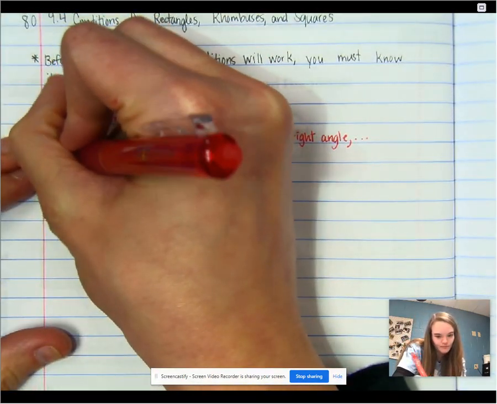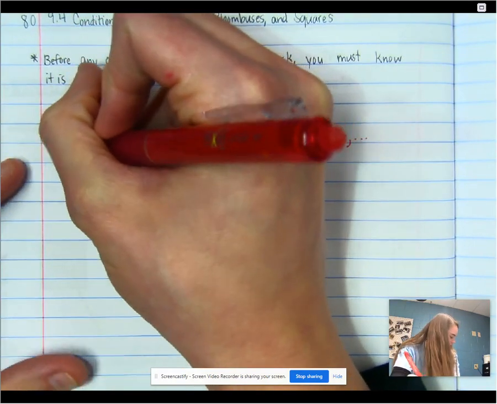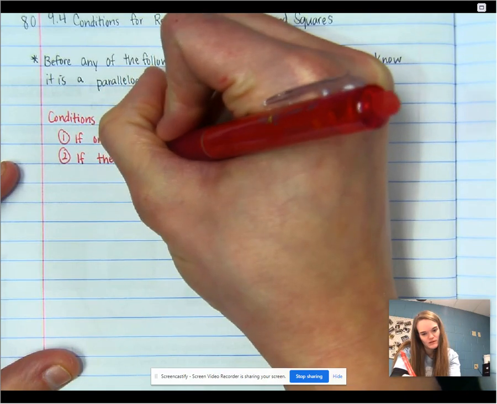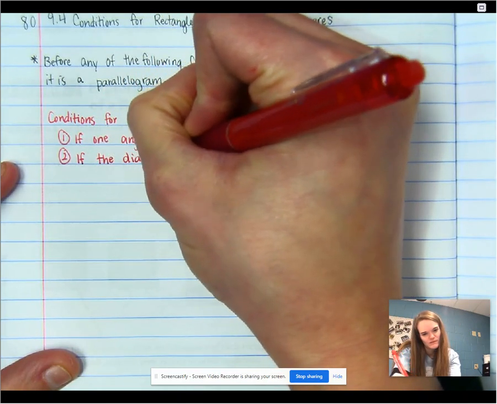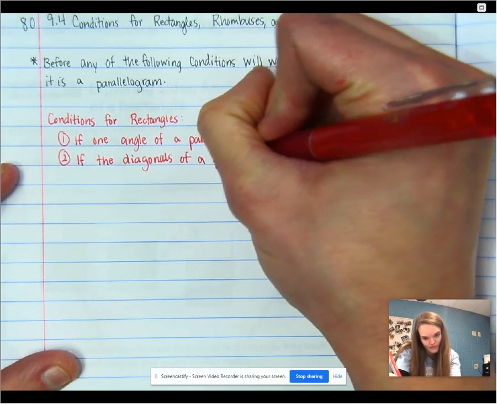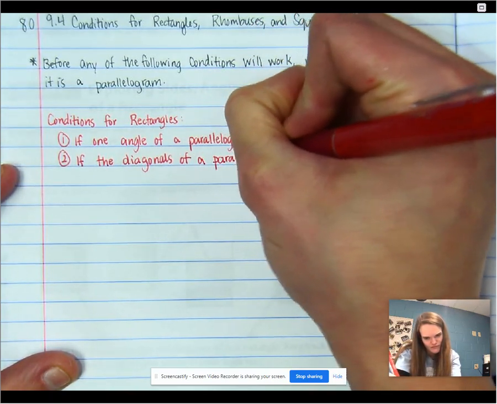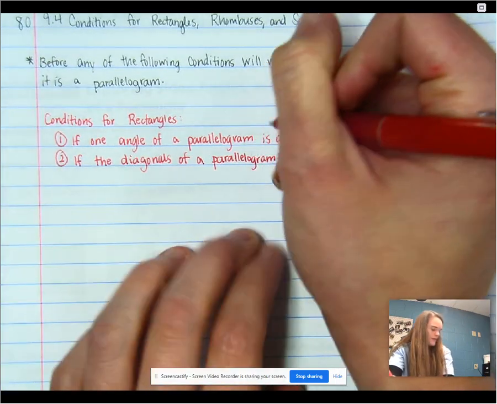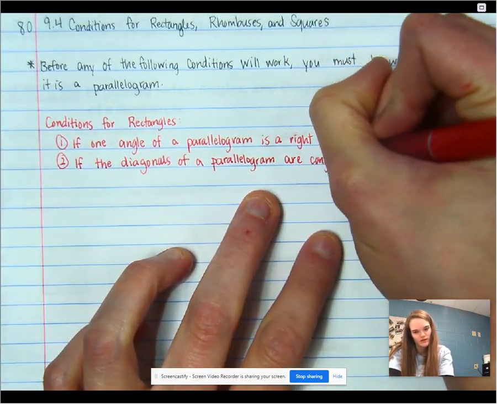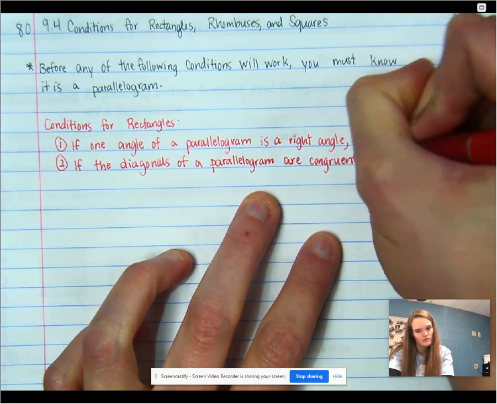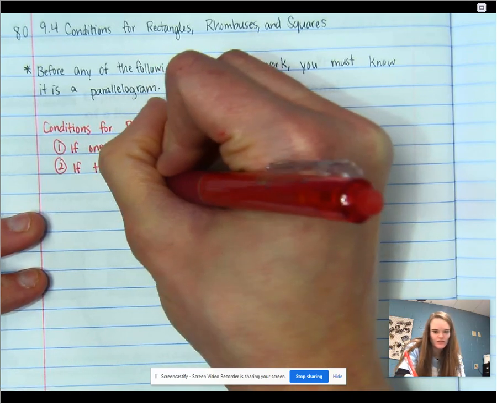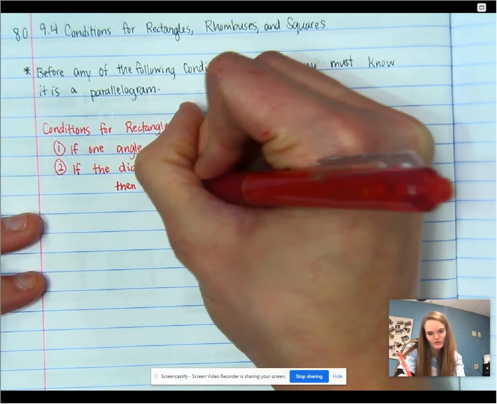Also, if the diagonals of a parallelogram are congruent, then it's a rectangle. So here's the then statement. Then the parallelogram is a rectangle.